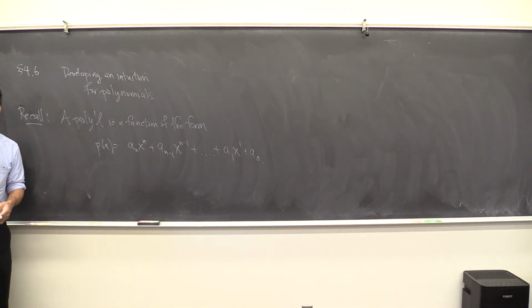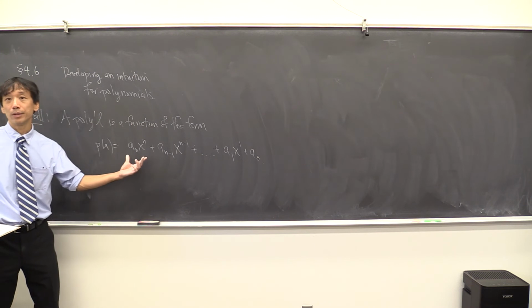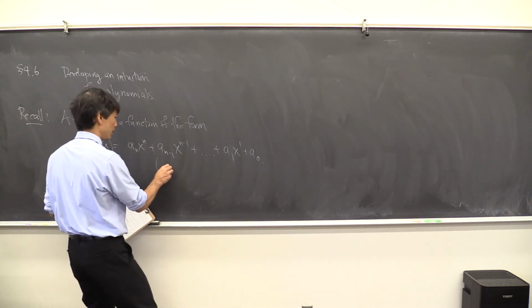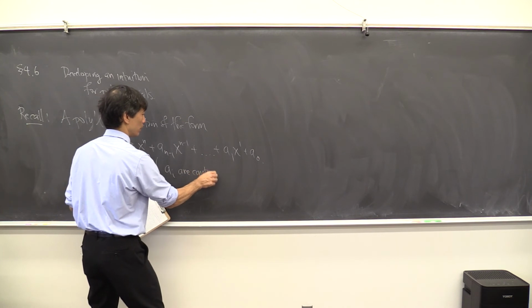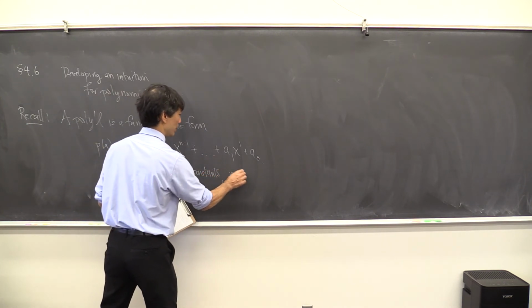So it's just something that looks like this, where the a_i are constants, and n is a natural number.